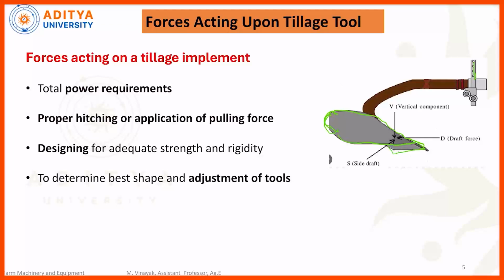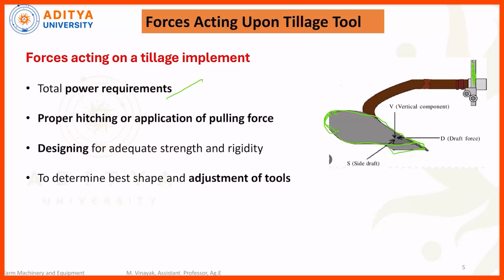Some force will act on the tillage implement, and this force affects how much power is required. The power requirement varies based on the number of tines or number of moldboards present in the MB plow, as well as the depth of operation. If we increase the depth of operation, the power requirement also increases.